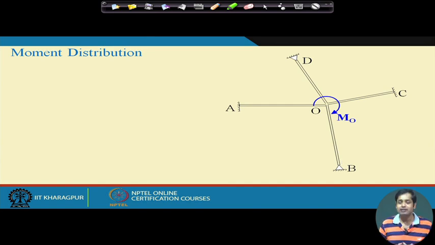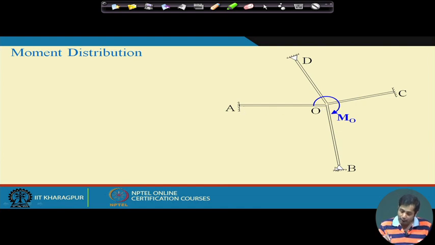What we are going to see is that once we apply a moment at this joint, some portion of this moment will get transferred to OC, some will go to OD, some to OA, and some to OB.